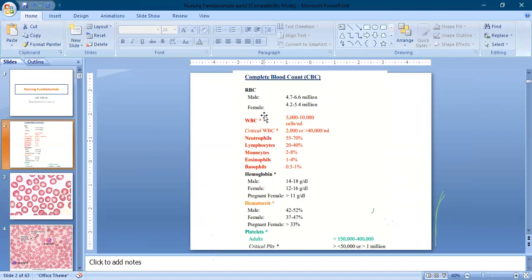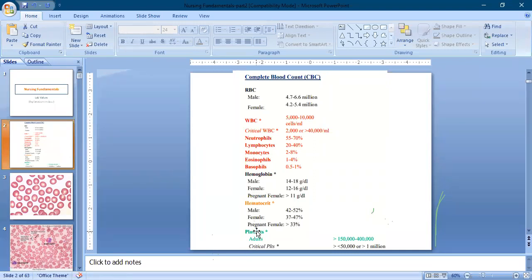As I told you, when red blood cells go down, anemia. When white blood cells go up, they have an infection, right? Or when white blood cells are low in the body, infection is easily caught. And when hemoglobin goes down, anemia.